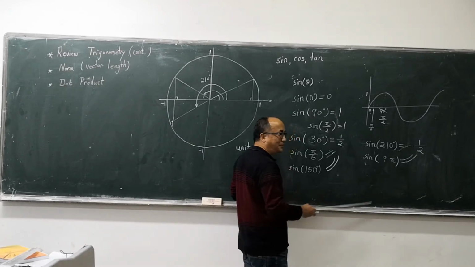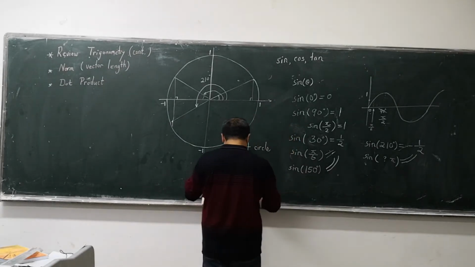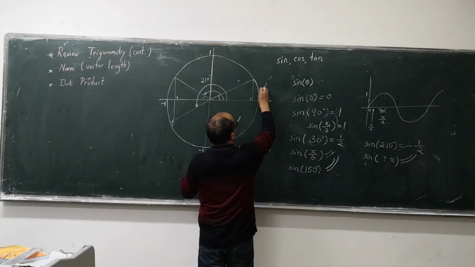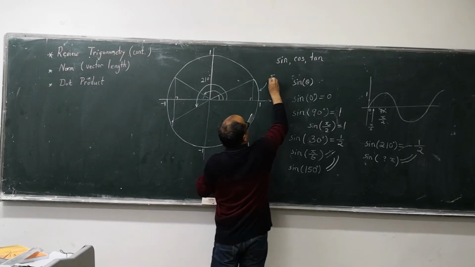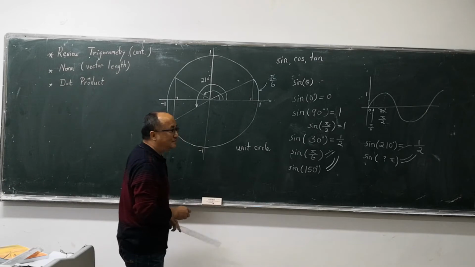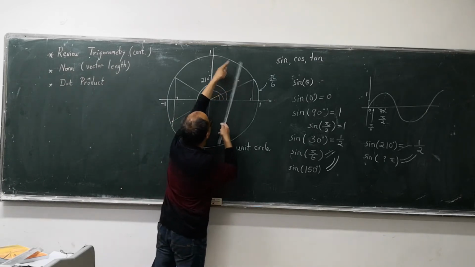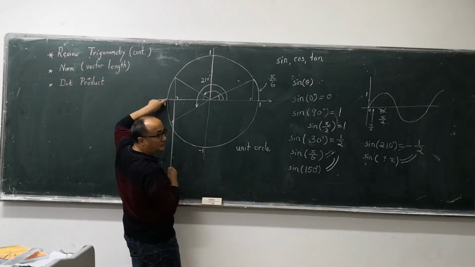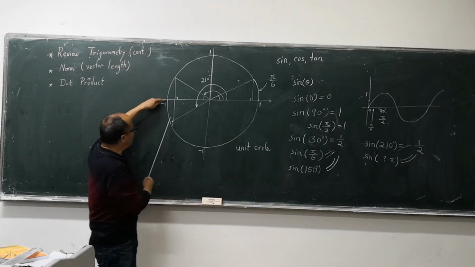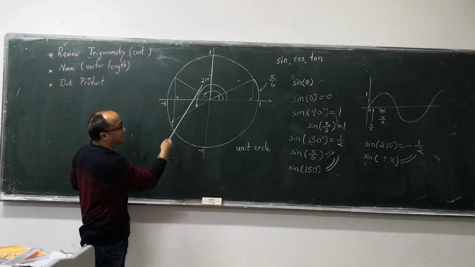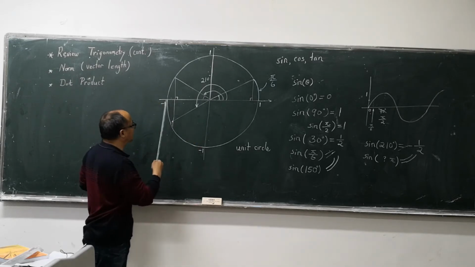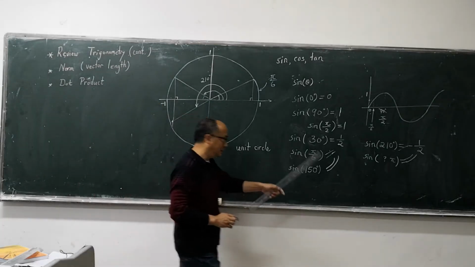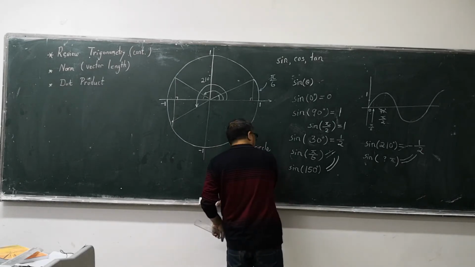What's the length here? What's this part? Oh, 7 pi by 6. Pi over 6, because this finishes here. 7 pi by 6, and I'm asking about 210. So it's pi plus this part, so it's 7 pi by 6.